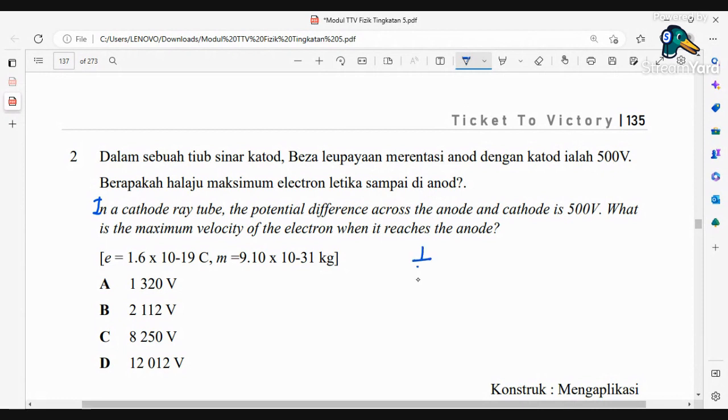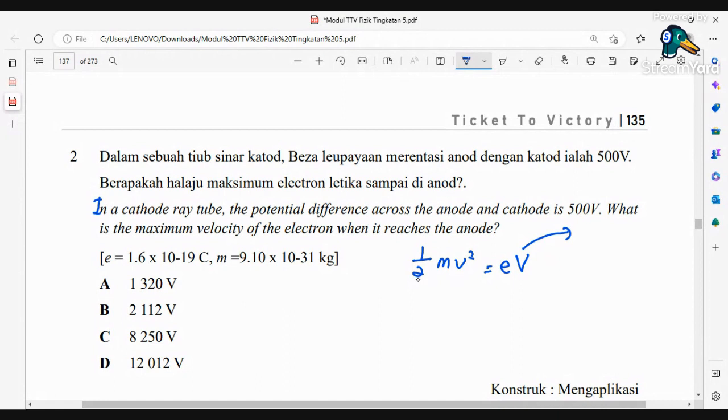Kinetic energy gained by one electron, half mv squared, is equal to the potential energy supplied by the EHT, or potential difference, eV.